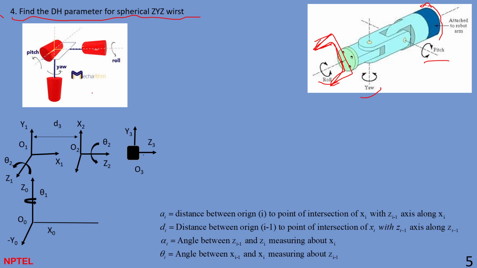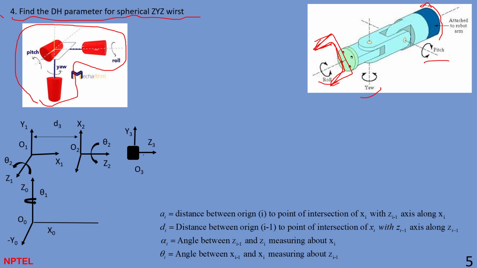So this is the transformation the manipulator is going through. The first is yaw, the second is pitch, the third is roll, and you need to find the DH parameters. In DH parameters, first you need to locate Z naught, the Z axis.